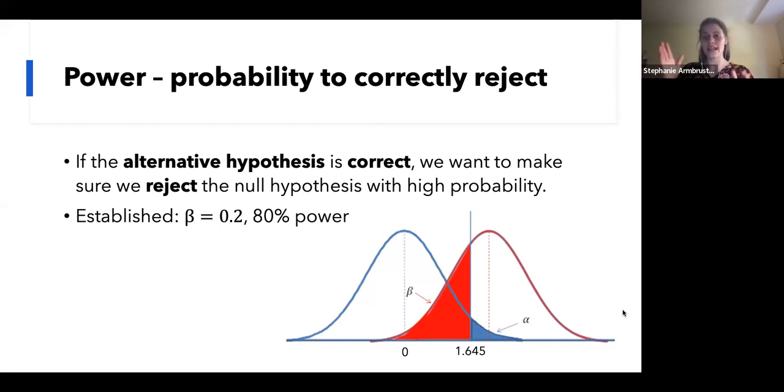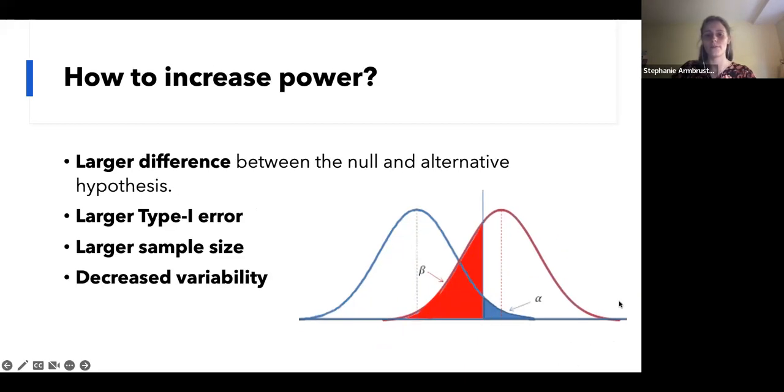And so in this case, the beta marked area describes the probability with which we falsely assume there's no treatment effect, even though there is a treatment effect. And the power, on the other hand, would be the white area. So that would be everything above the threshold, because that's when we correctly conclude that our alternative hypothesis is correct. So yeah, this up here is the power.